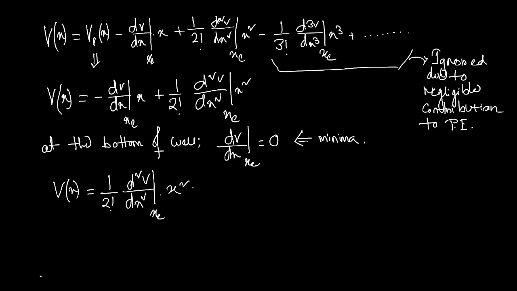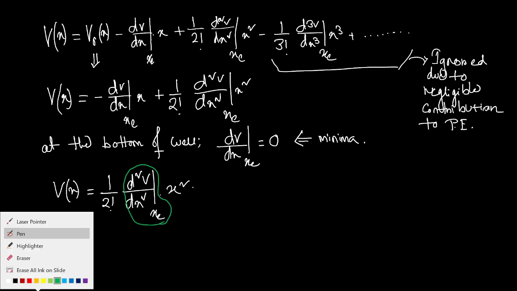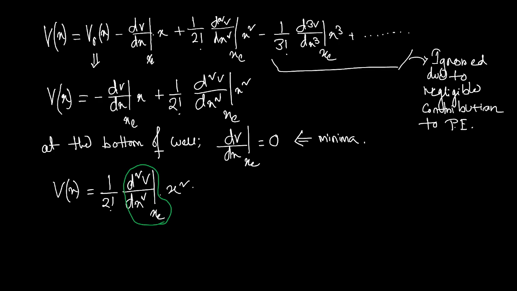Now this term is a constant, so it is written as a constant k. So we can write V(x) is equal to half k x square.